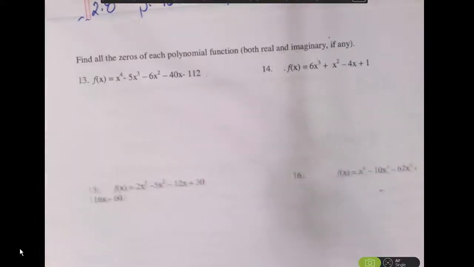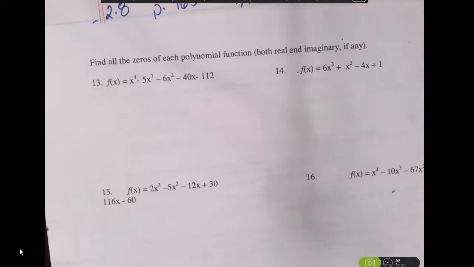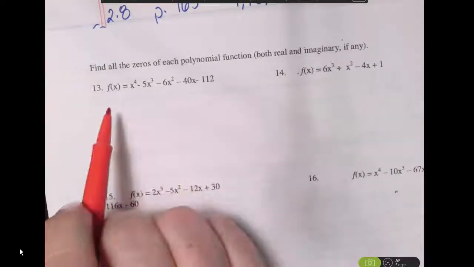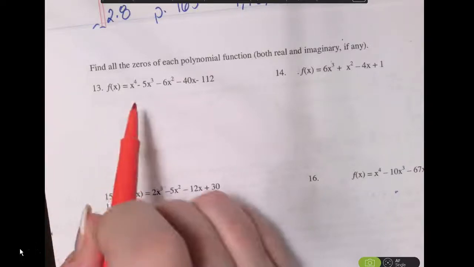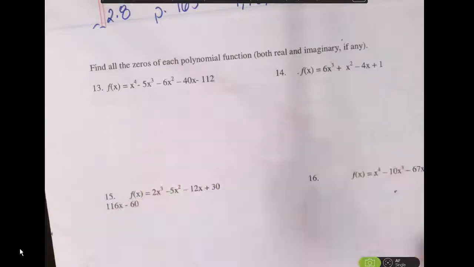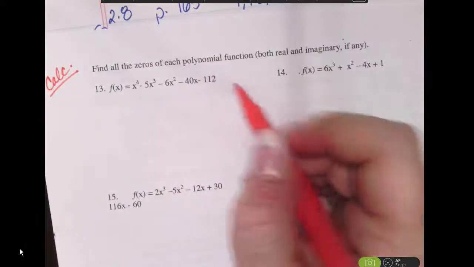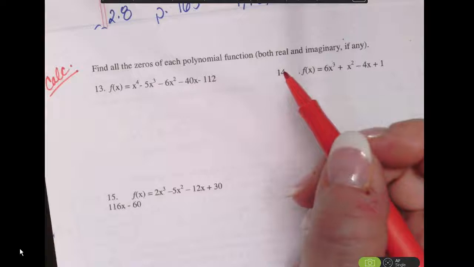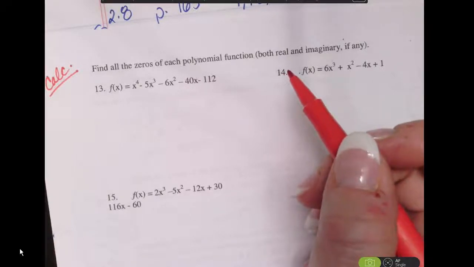So now we want to find all the zeros of each polynomial. If you're showing your work, this would be a calculator section, but you're only allowed to use the calculator to find 1 or 2 roots.